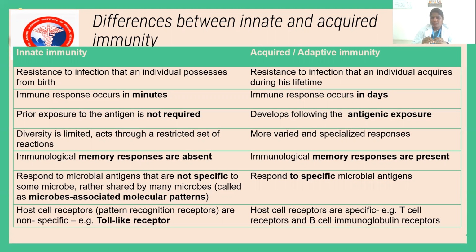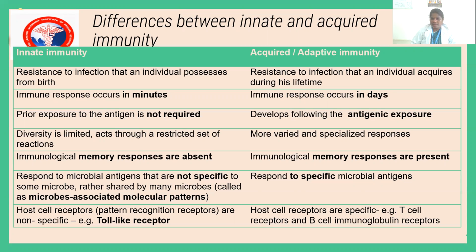Okay, so these are the differences between innate immunity and acquired immunity. Just highlighting a few points about innate immunity: it occurs at birth itself, there is no prior exposure to the antigen, no memory cells, and diversity is limited. It has molecular associated microbial patterns that bind to the toll-like receptor present in the host itself.